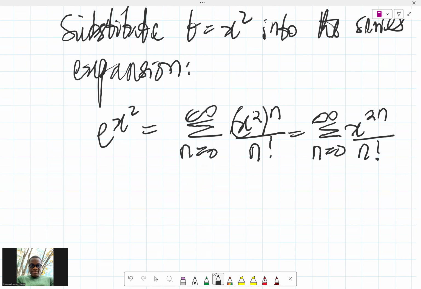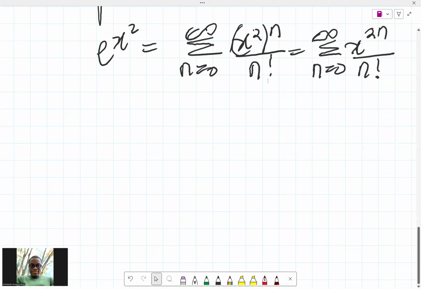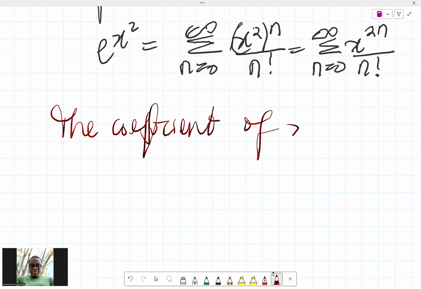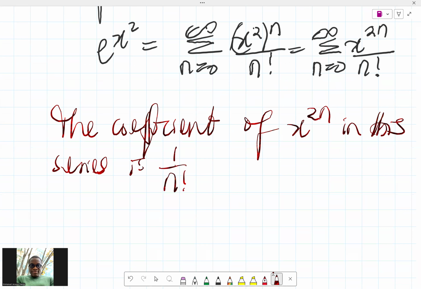So if you do that expansion, the coefficient of x raised to power 2n in this series is 1 over n factorial. Whatever expansion you have, the coefficient is always going to be 1 over n factorial.